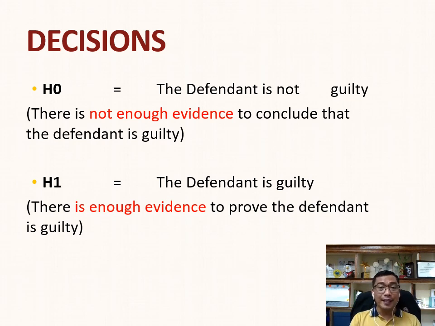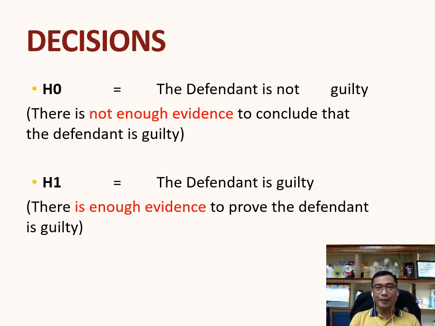The null hypothesis is saying that the defendant is not guilty, or what you're trying to say is that there is not enough evidence to conclude that the defendant is guilty. On the other hand, your alternative hypothesis H1, the opposite of H0, is when we say as our hypothesis that the defendant is guilty.